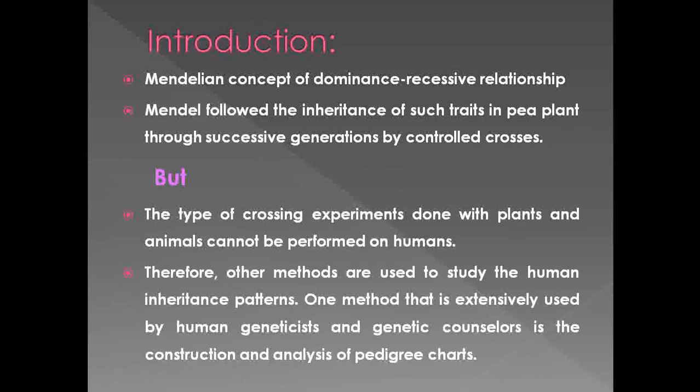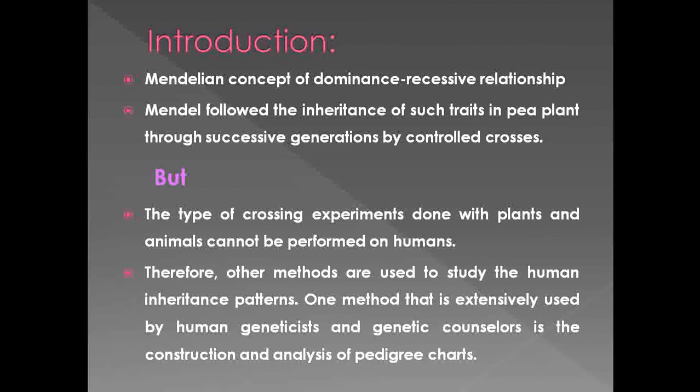Then moving to the next part, the introduction of pedigree analysis. All of us know about Mendel and his Mendelian concepts. Under that, we know the three laws of Mendel: the law of dominance, the law of segregation, and the law of independent assortment. Mendelian concepts are basically based on dominant and recessive characters.